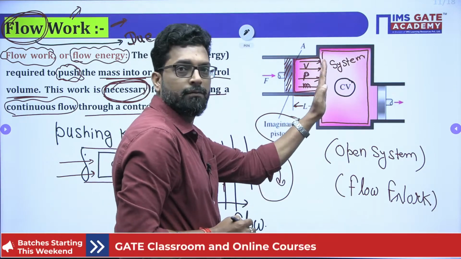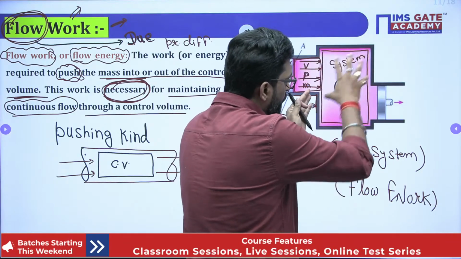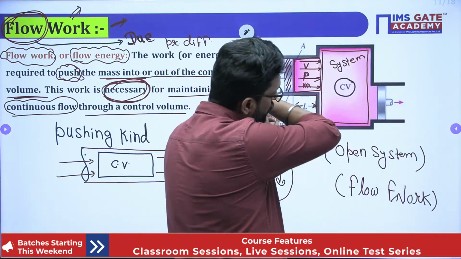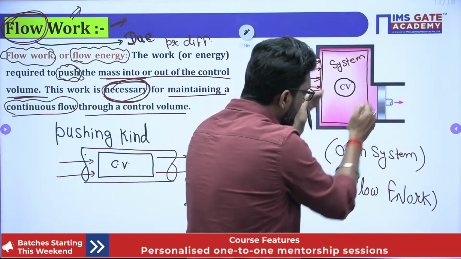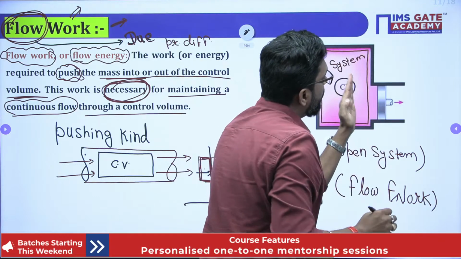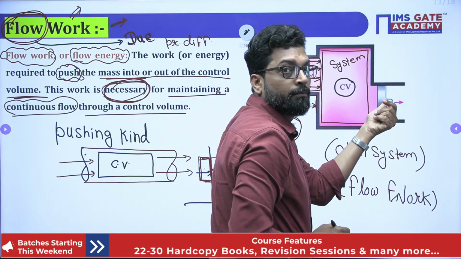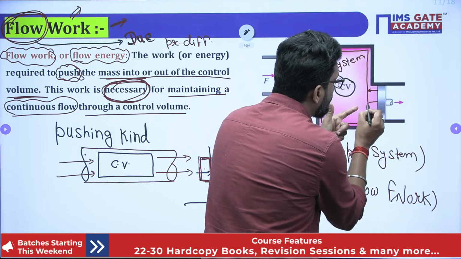And if you want this fluid to exit, because of continuous flow, continuous new fluid is coming in. So this fluid element will exert a force on this piston, and by Newton's third law, the piston will exert a force on this fluid element.